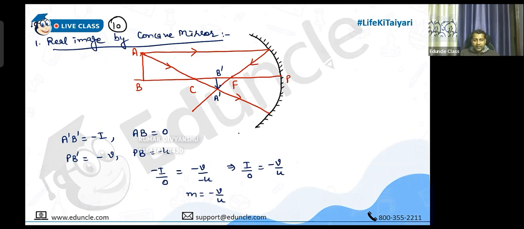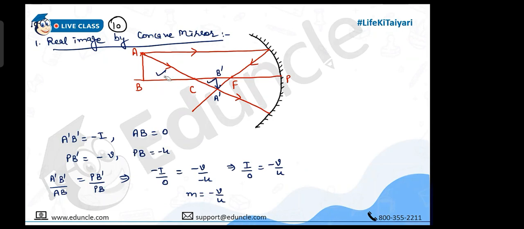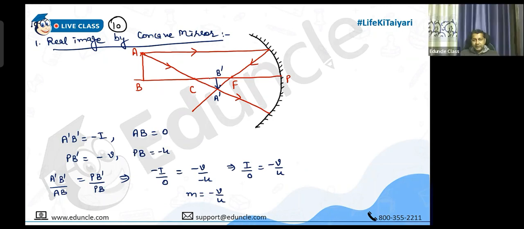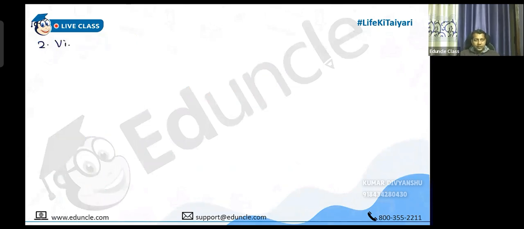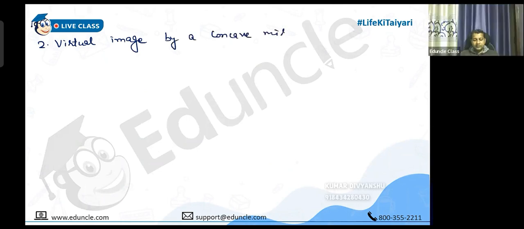Actually, A dash B dash by AB should be equal to PB dash by PB in these two triangles, this one and this one. I have added PC, and accordingly I'm getting it. Now, when there is a virtual image by a concave mirror, what is that case?